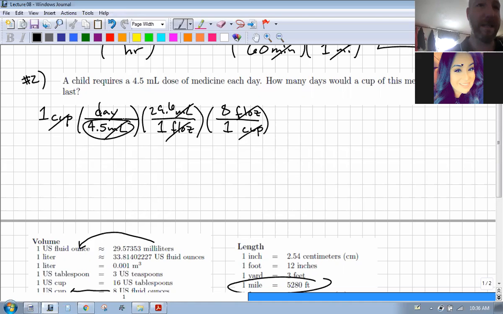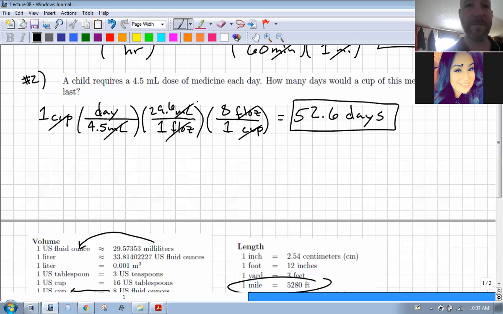But it's not 1/10, it's something else. And what we're figuring out is how many cups is 4.5 milliliters. That's what we did right here. So our units go away. We're left with days. So we just have to do our calculation here. 29.6 times 8 divided by 4.5 is 52.6 days.